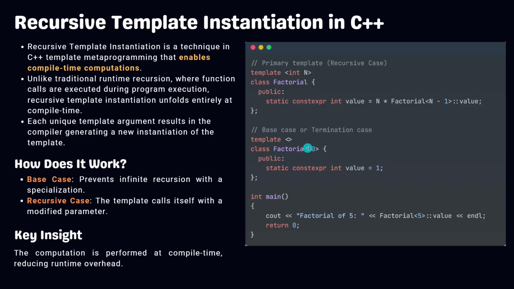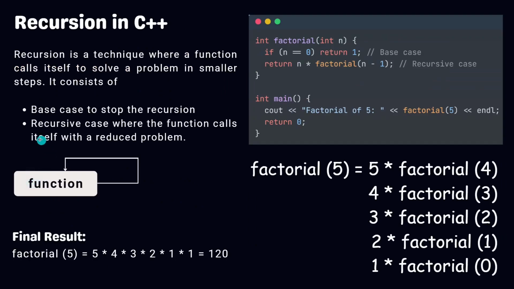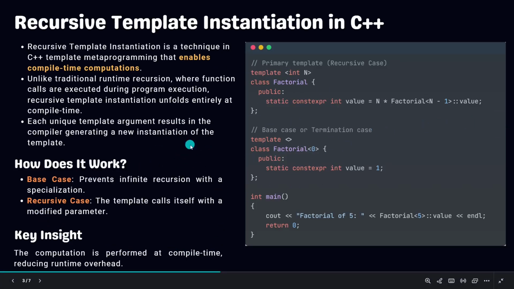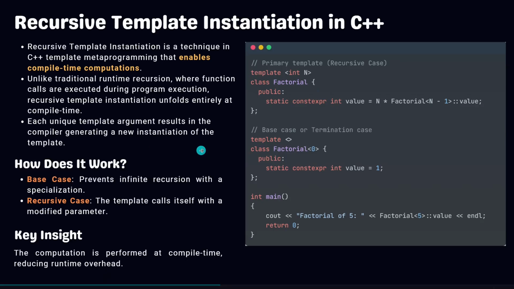This is the base case, and this is the recursive case. These two cases are the same as we discussed earlier, the base case and recursive case in recursion. An important note is that everything happens at compile time, not runtime. This is a key lesson for recursive template instantiation.